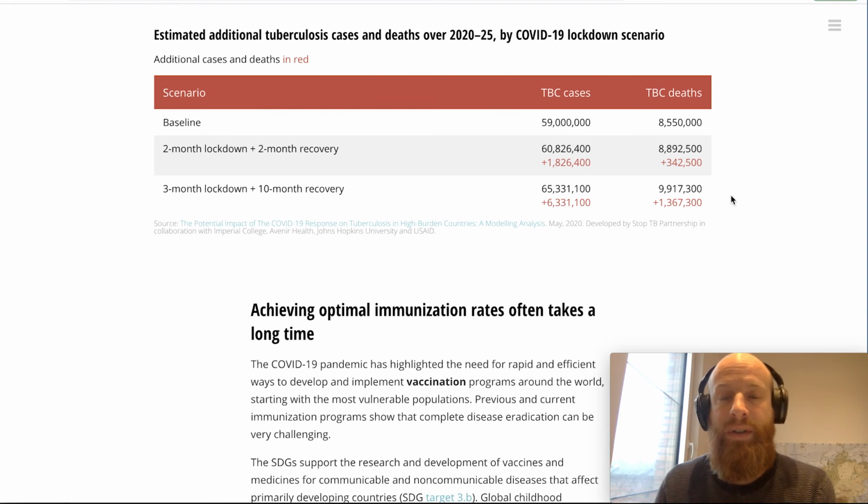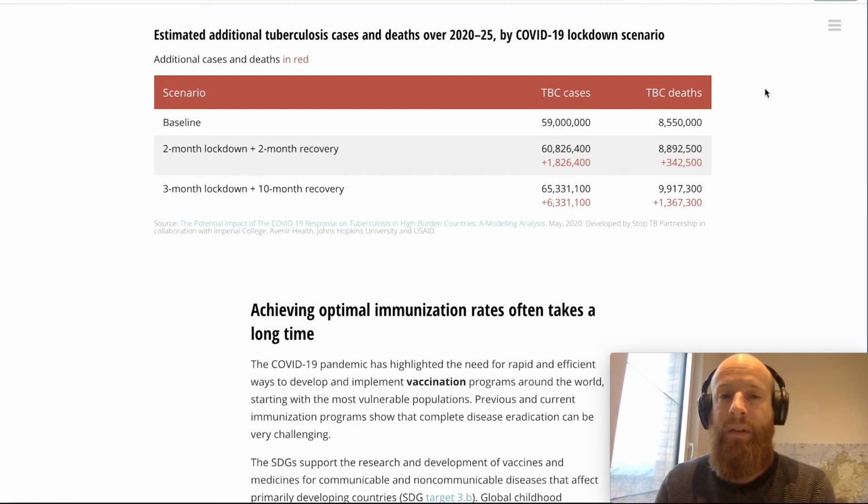So this is something that I think we will only be able to spot in data some months or years from now, when the total impact on healthcare systems will be assessed.